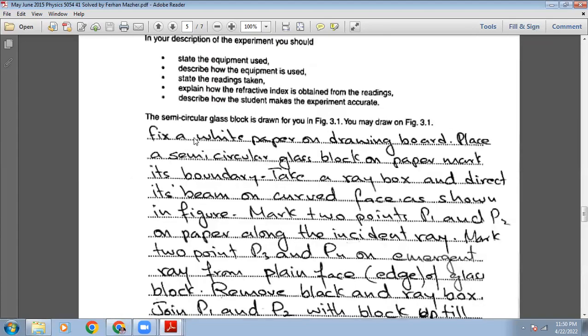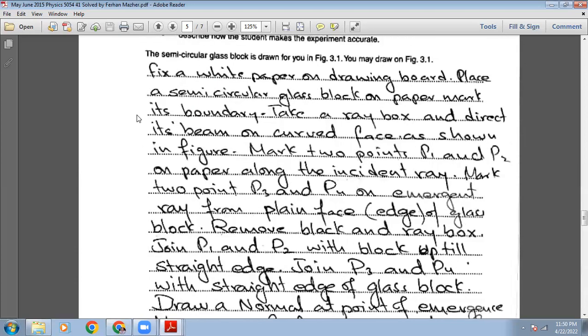Okay, so let me show you my written answer. Fix a white paper on the drawing board, place a semicircular glass block on the paper, mark its boundary, take a ray box and direct its beam on the curved surface as shown in the figure. Mark two points P1 and P2 on the paper along the incident ray.